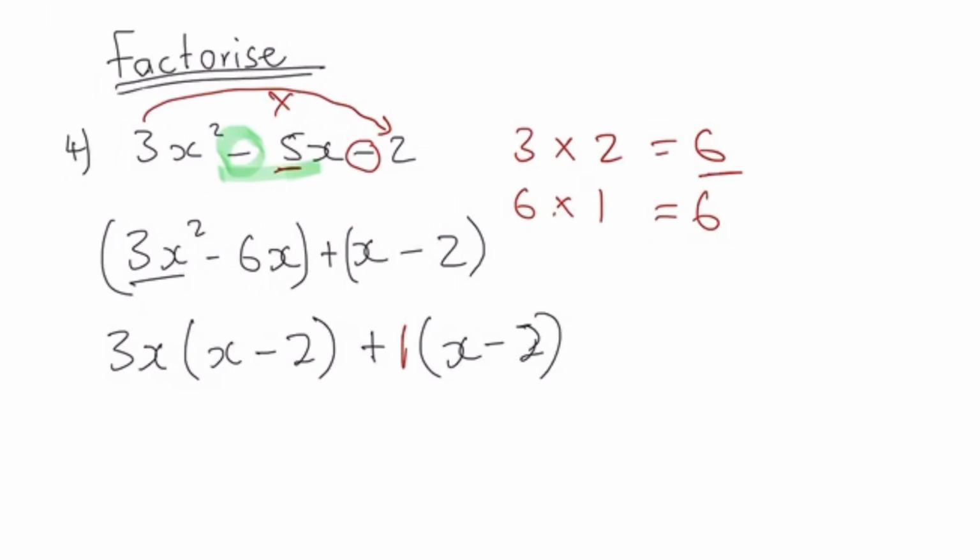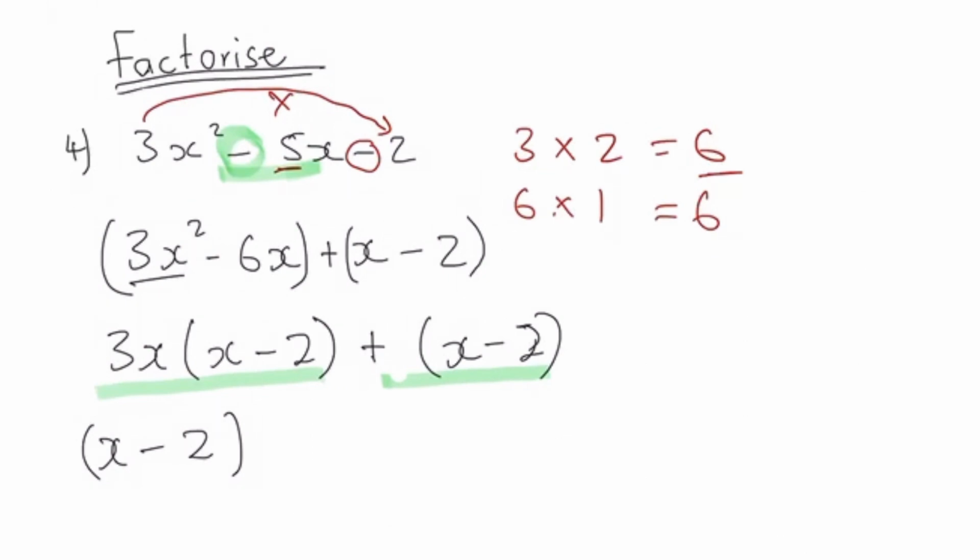Like this. Now what you are looking for is, from this and that, can you see something common? You want to take that common factor outside of the bracket. You take it out and you write x minus 2 in the bracket like that.